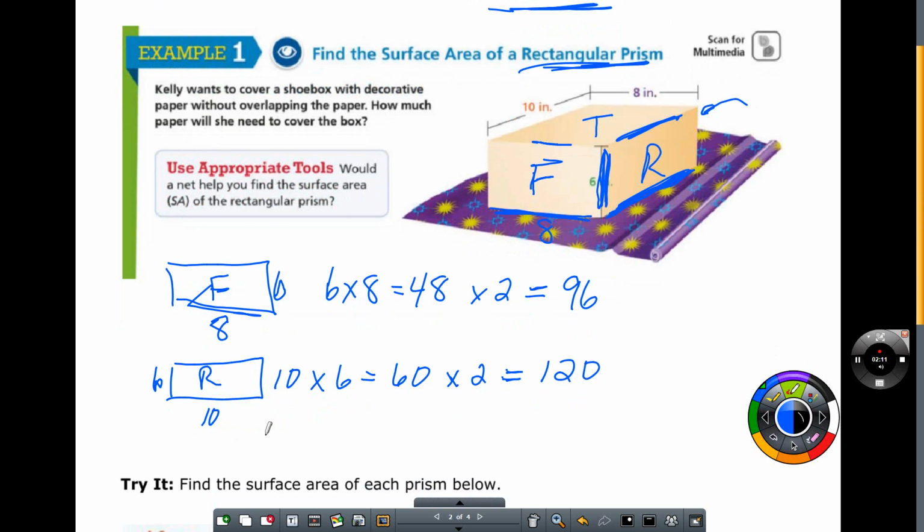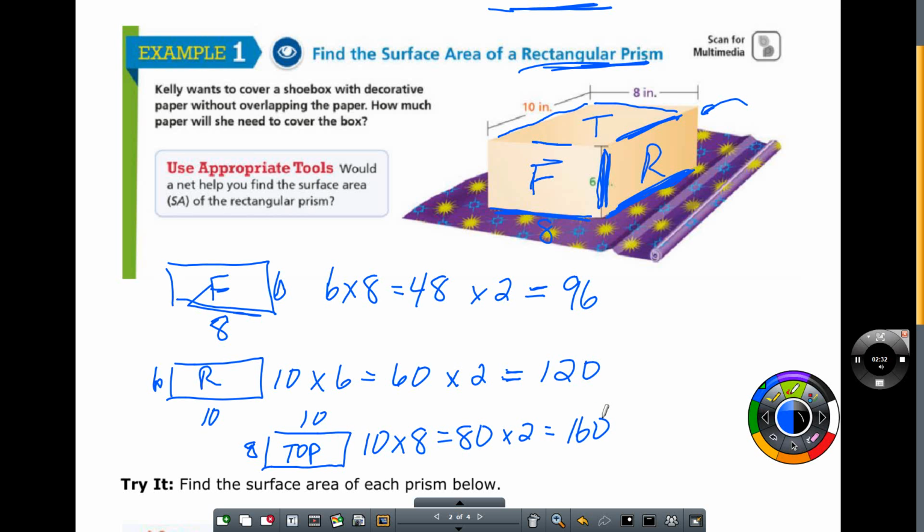Okay? The last thing we need: we have the front, the back, the right, the left. Now we need the top and the bottom. So let's look at the top. The top lengths are right here for me, 10 and 8. To find the area, 10 times 8 is 80, but since there are 2 of them, I'm going to multiply by 2, and I get 160.